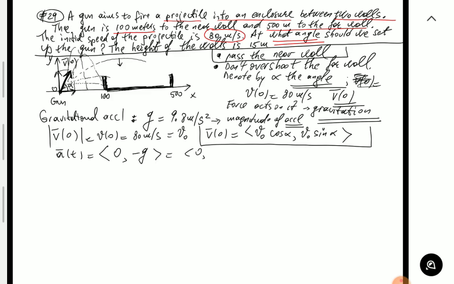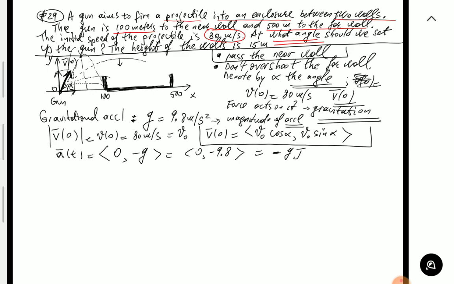Or if you want to work with numbers right away, I'm going to keep using g until I need to plug it in, 0 minus 9.8. Okay? Or if you want to use, for example, ij notation, that's going to be minus g j, whichever we prefer. I'm going to use components probably because I tend to like it better. Okay, so we have the acceleration, 0 minus g.